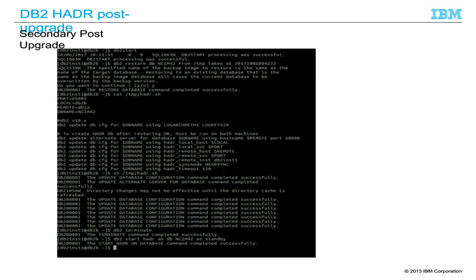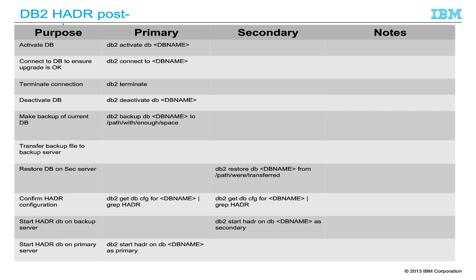So you start HADR on the backup system first, and then you'll start it on the primary, as in the slide here. Once it's started on the secondary, you'll start it on the primary. Again, you'll need to do that for each database that you have in your HADR configuration.